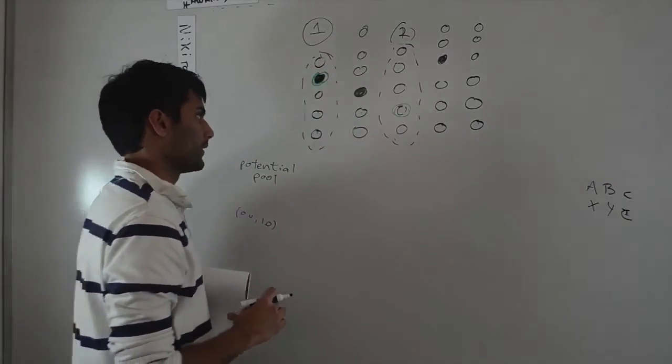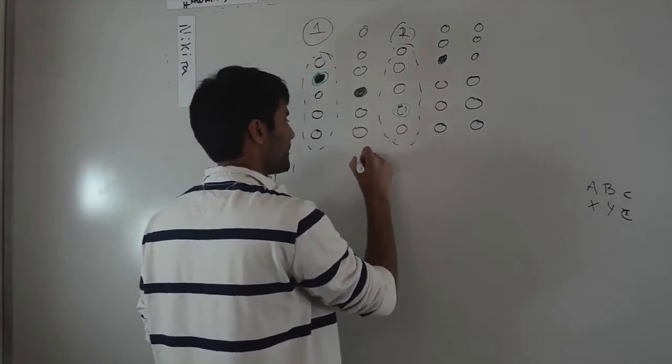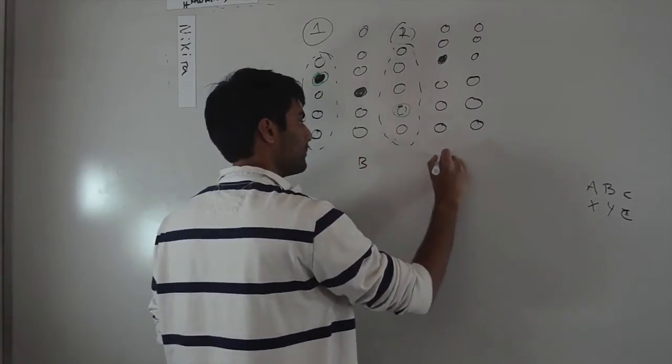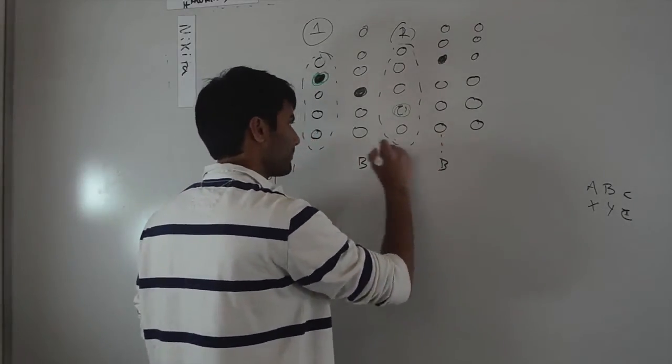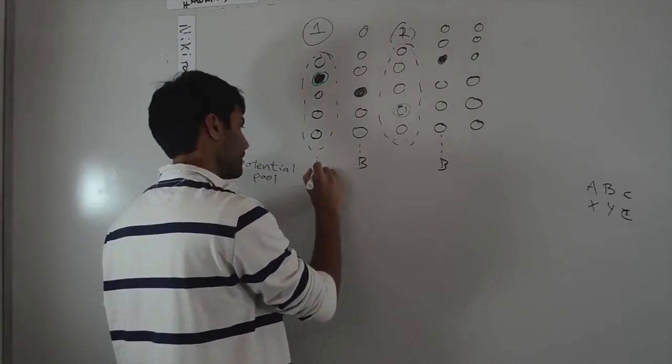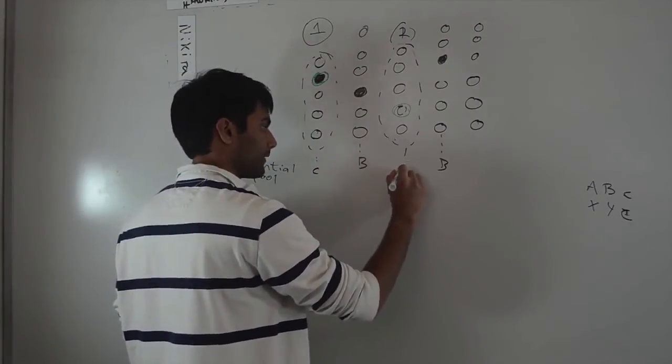What this means is that, say these 2 columns are the ones responding that were B, they relate to B, and these 2 ones are for C, and we're learning the pattern ABC.